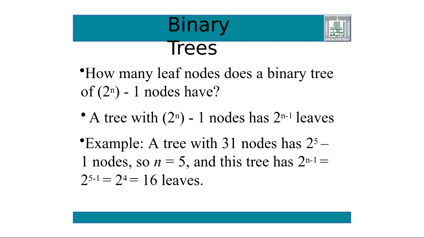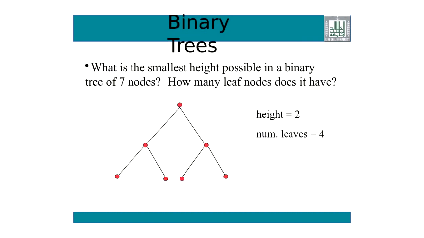Same thing. This is another example. Here the tree height is 2. The nodes are 7 nodes, 1, 2, 3, 4, 5, 6, 7. So the nodes are 7.